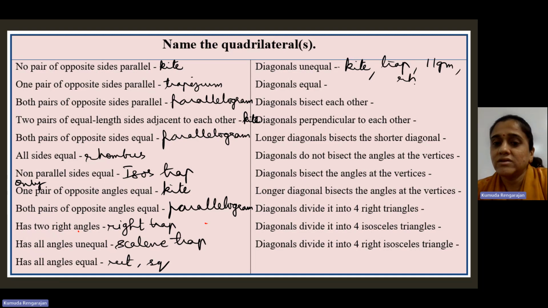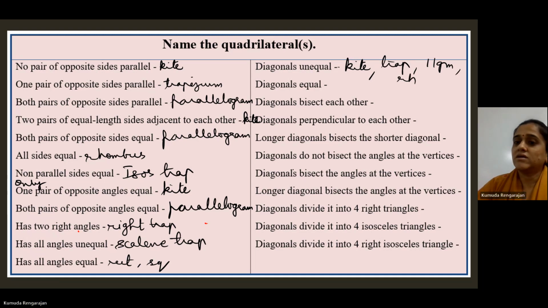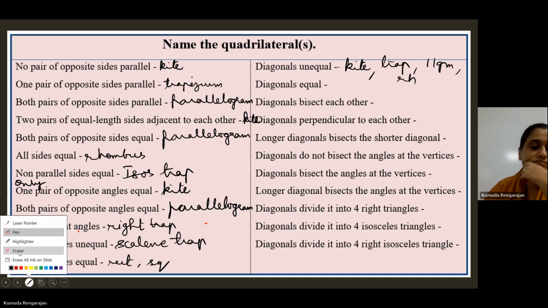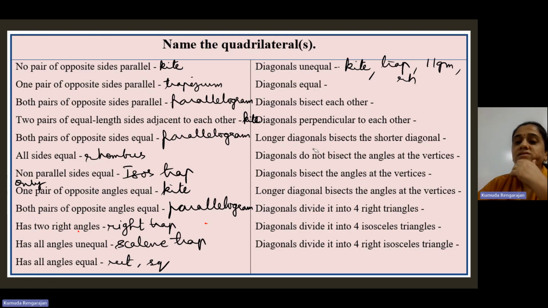Parallelogram, rhombus. In a kite, diagonals are unequal. In a trapezium, diagonals are unequal. Parallelogram and rhombus too. In a rectangle and square, diagonals are equal.